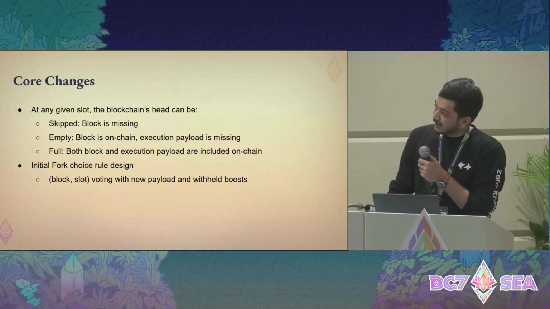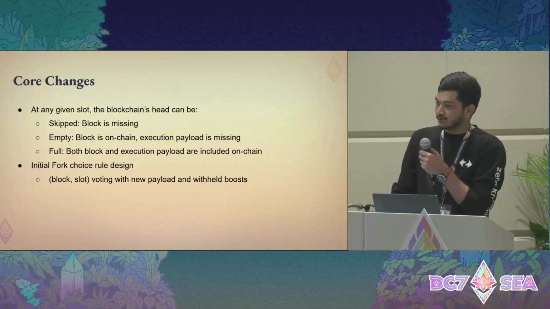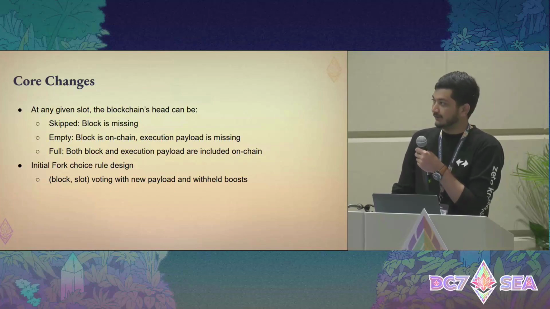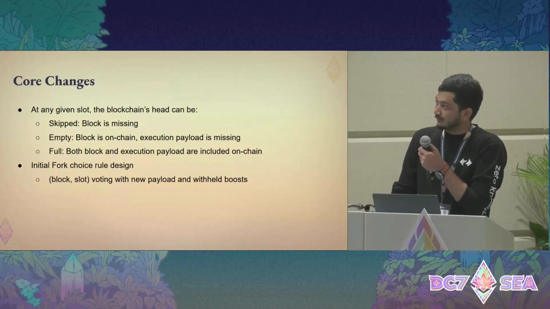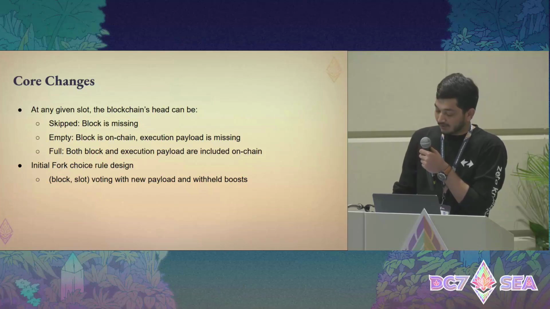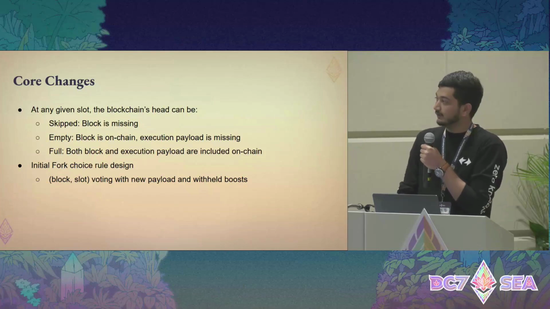So this was the initial fork choice rule that we are basing our implementation on. This is called the block auction design, which contained new payload and withheld boost.